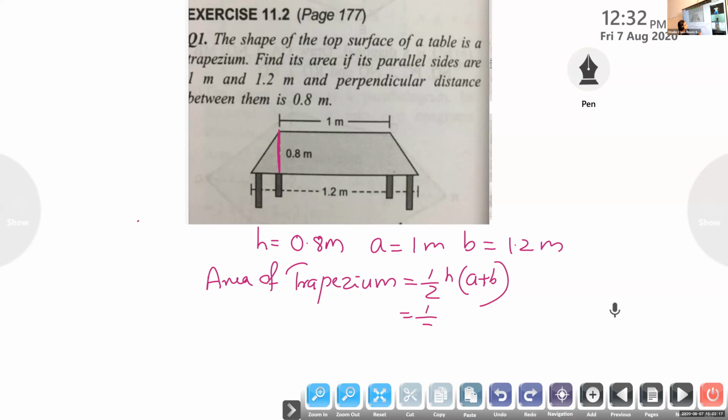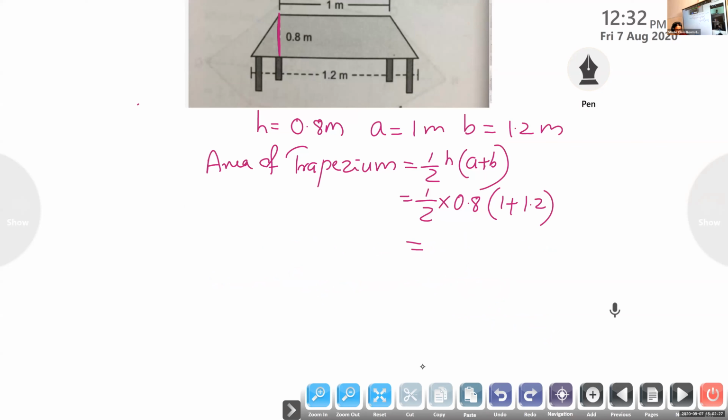So we can substitute half into h, 0.8, into 1 plus 1.2. Find out. Equal to what?